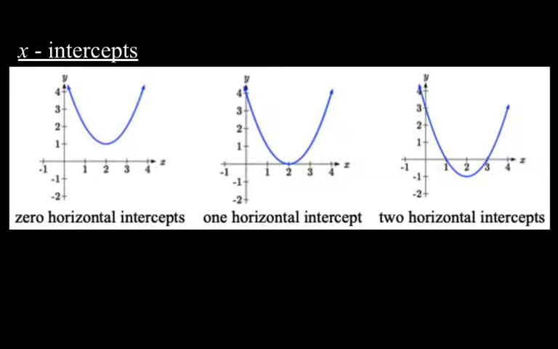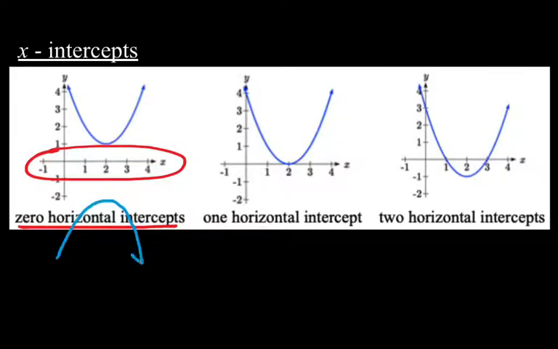In that case, notice since it never crosses the x-axis, there are 0 horizontal intercepts. Another option is that the parabola opens down and is completely below the x-axis. Either way, there might be no horizontal intercepts.